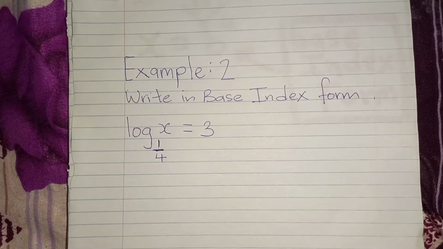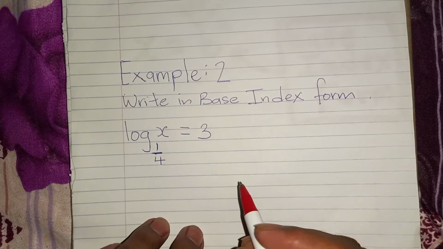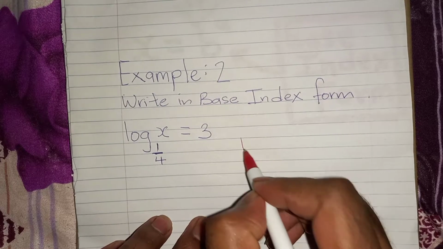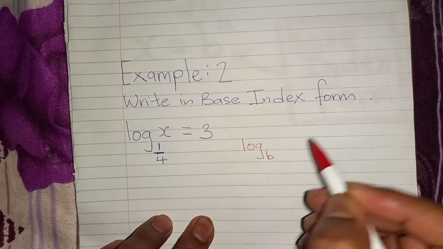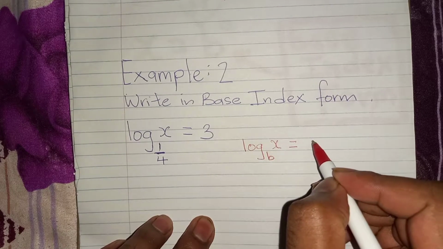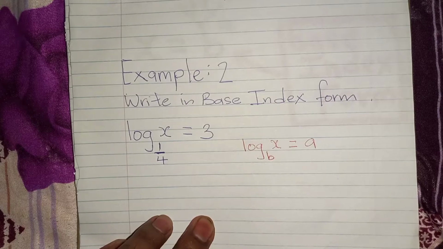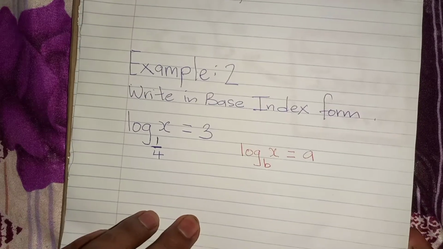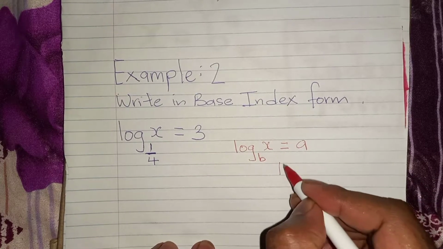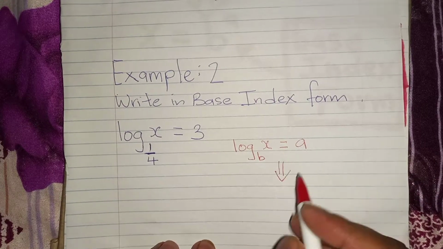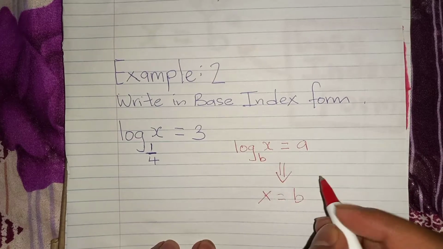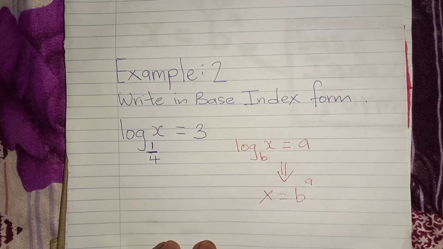So again we're going to first write in log form: log base b of x is equal to a. If I have to write this in base index form, it will be x is equal to b power a, right?